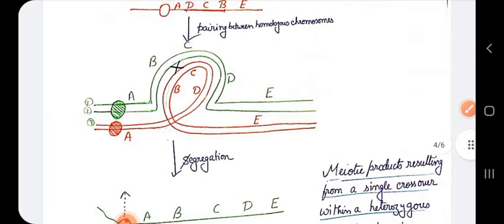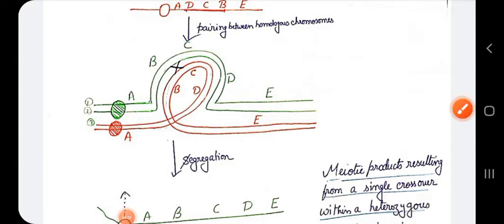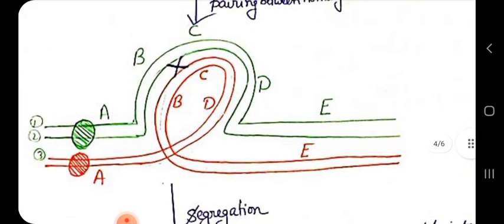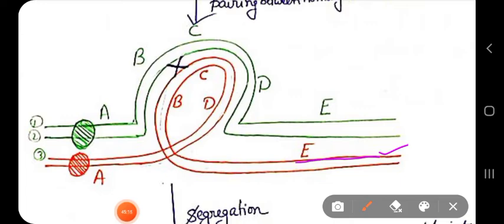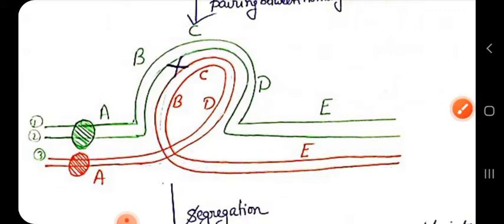This is the acentric fragment. I am zooming it. Look at this line, not this line, sorry, it will be the fourth line. E, B, crossing over, C, D, E. I'm repeating again.